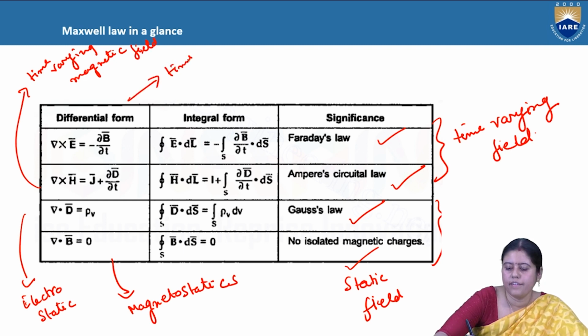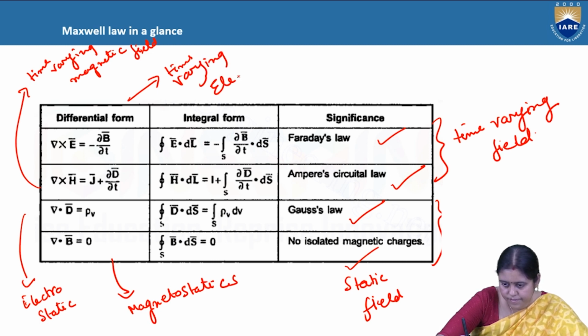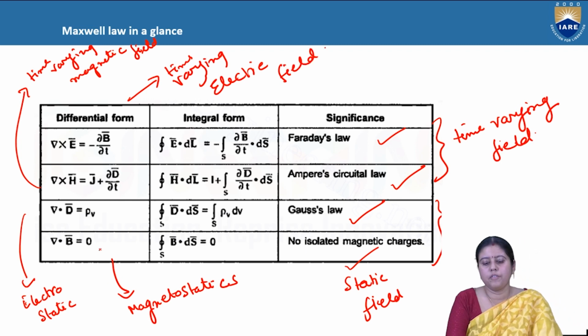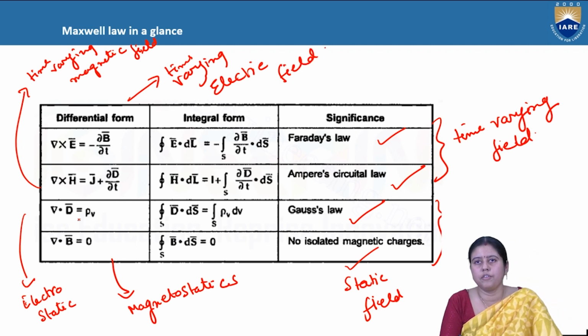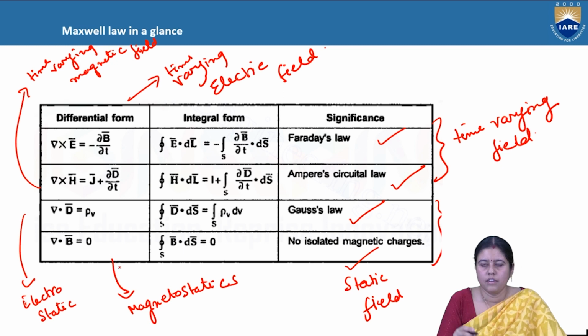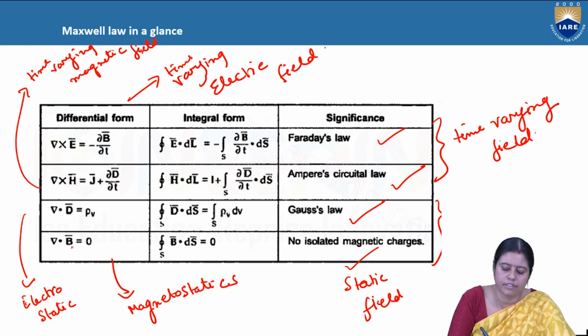Time varying electric field. So this equation is for the electrostatic, this equation for the magnetostatic. These two equations are for the time varying field, and this equation is the time varying electric field.